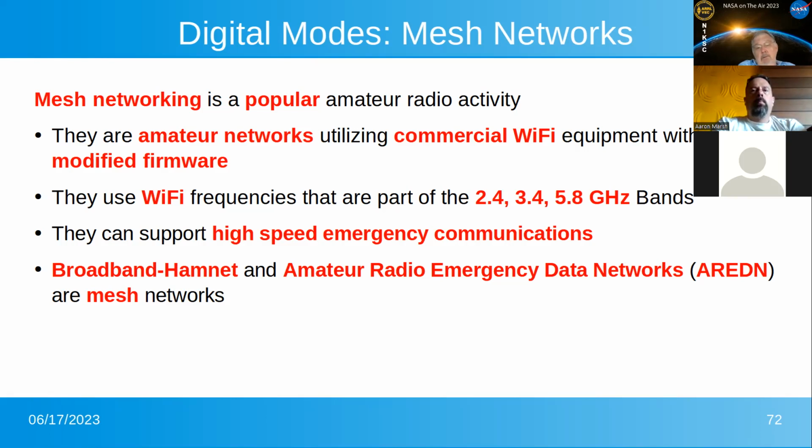They can support high-speed emergency communications. Of course, that's assuming that the internet is actually working. There's, I guess, a couple networks, the Broadband-Hamnet and the Amateur Radio Emergency Data Network that are out there. I don't know any more about those either, but I don't think that's a question. We'll see.